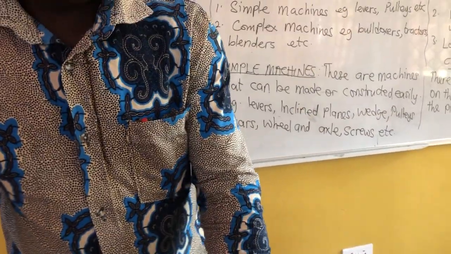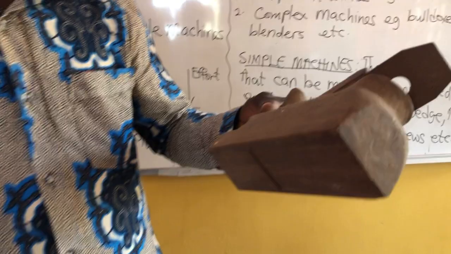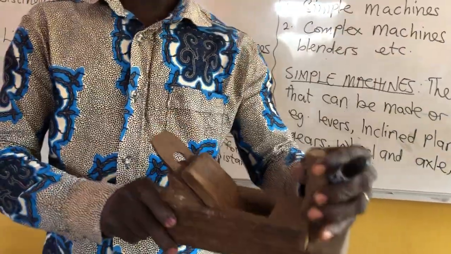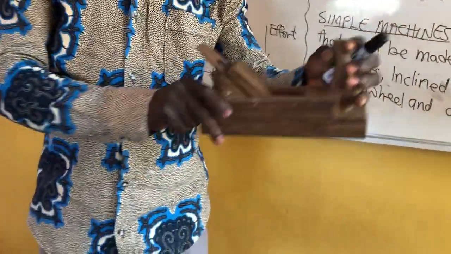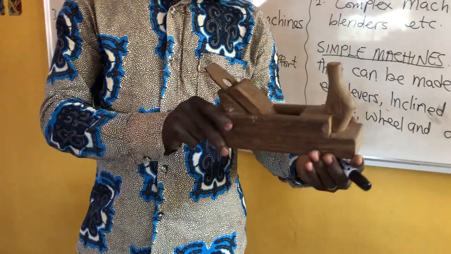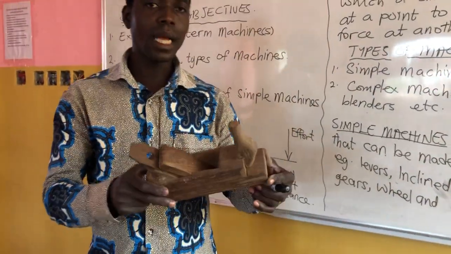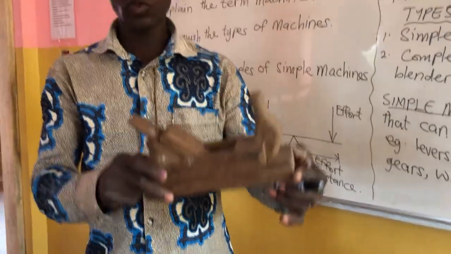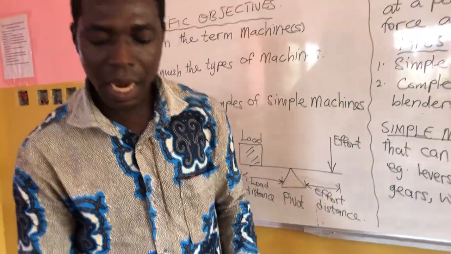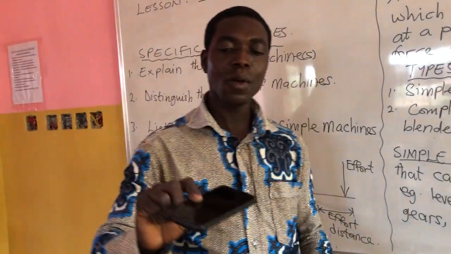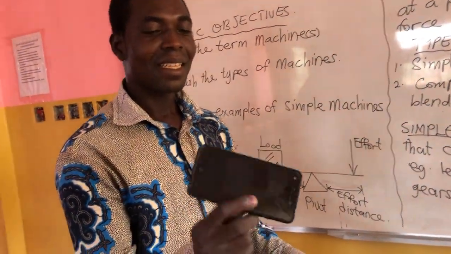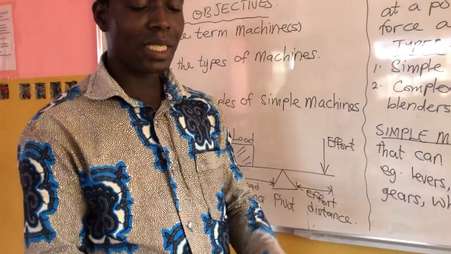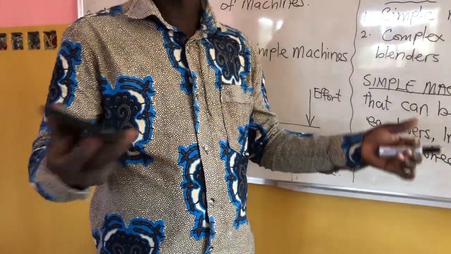This is also a plane for planing or reducing the size of wood. That is a plane. This is another simple tool we are going to talk about. And I hope you know this. This mobile phone is also a machine which can help us to do work more easily.